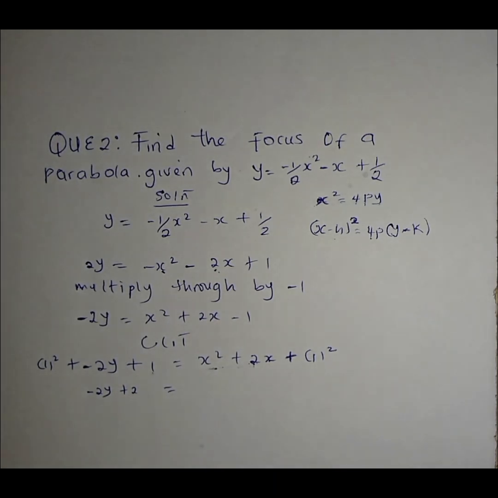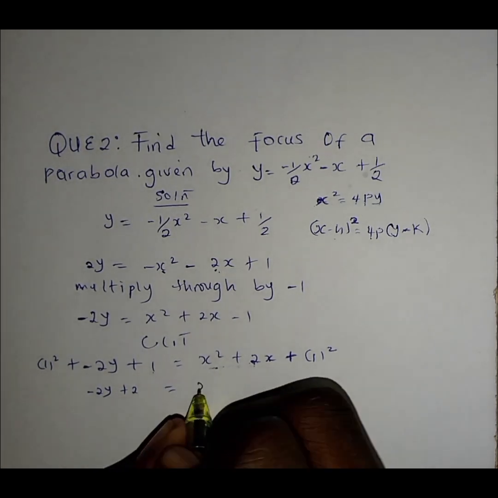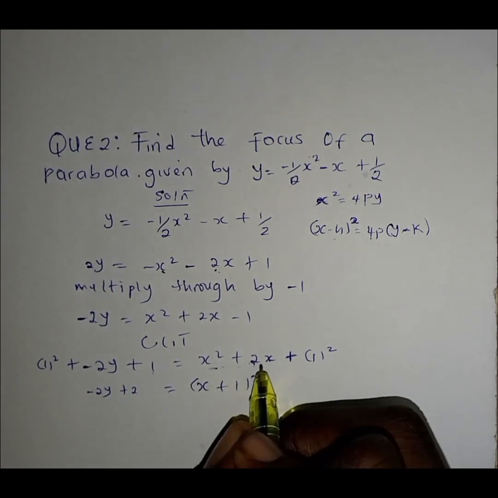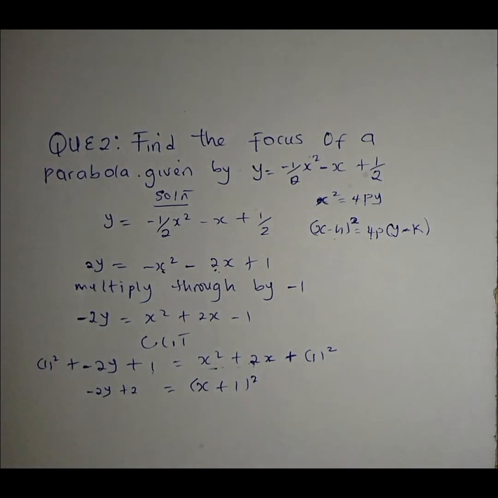Now this place, the value with x squared, x squared plus 2x plus 1 is x plus 1 squared. Then we'll put everything in square. We'll leave this value that does not have a square. So getting at this point, we will factorize this. We'll factorize 2 out here.